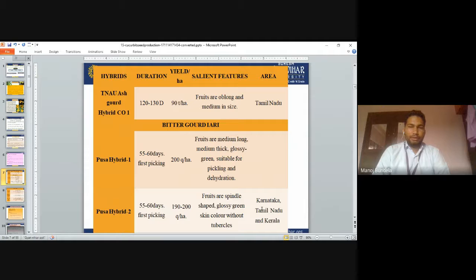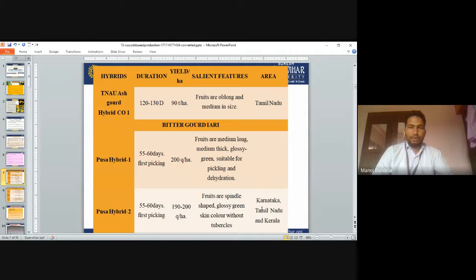Bottle gourd developed by IARI, Pusa Hybrid 1. It will take 55 to 60 days for first picking. The yield is 200 quintal per hectare.